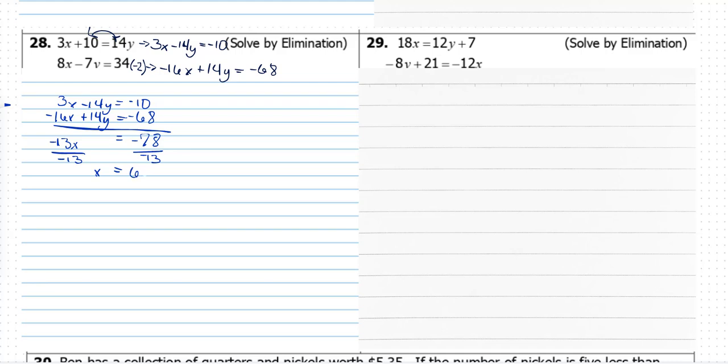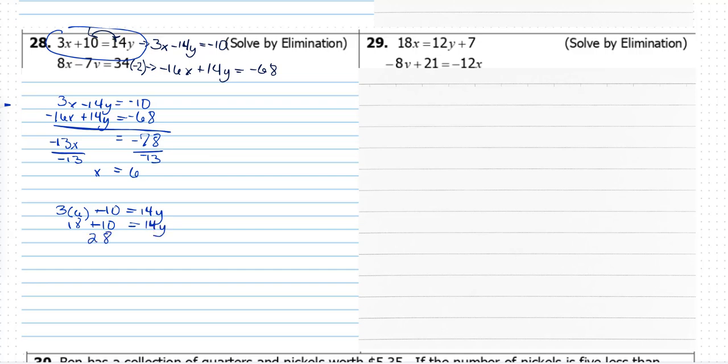So now that we know what x is, we can use that information and go into one of our equations and find y. I'm going to use this top one. So 3 times 6 plus 10 is equal to 14y. So 18 plus 10 is equal to 14y.